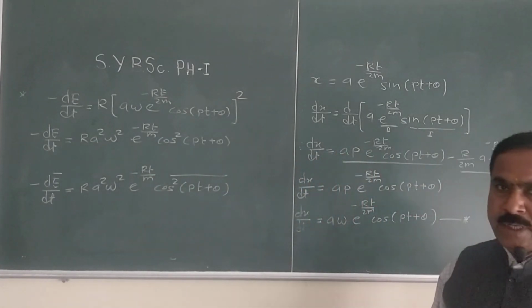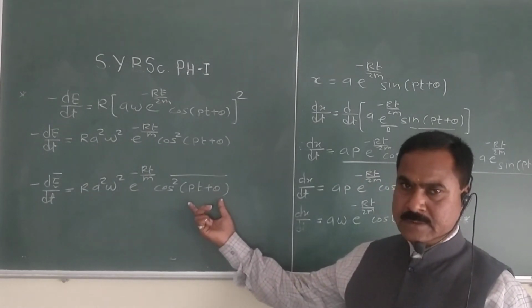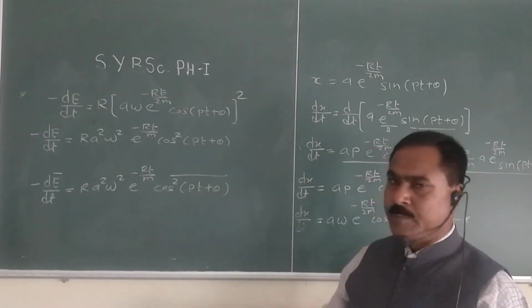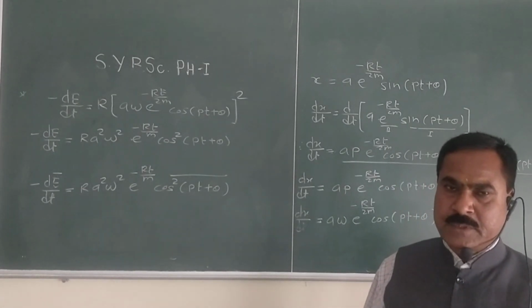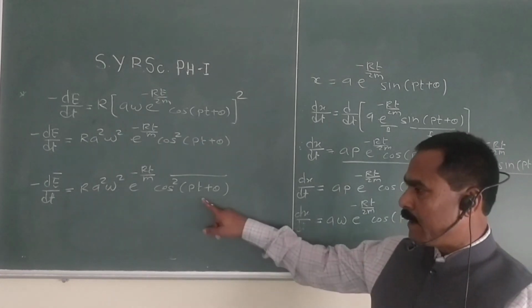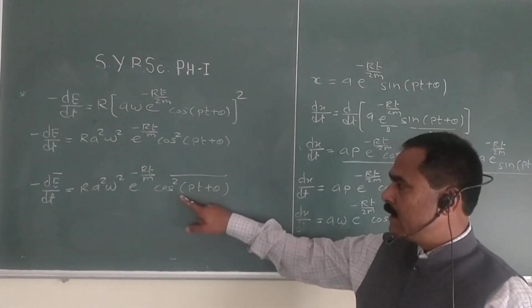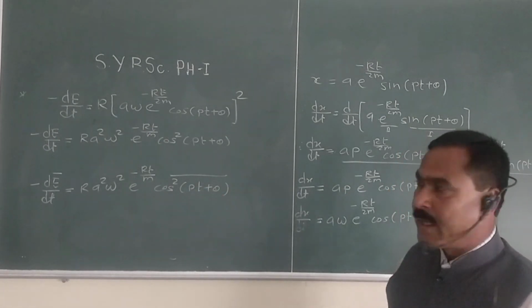Here we have to find the average value of cos square pt plus theta, and you know that the average value of cos square theta is always half. That means the average value of cos square and sin square is equal to half. So we write the average value of cos square pt plus theta equal to half.